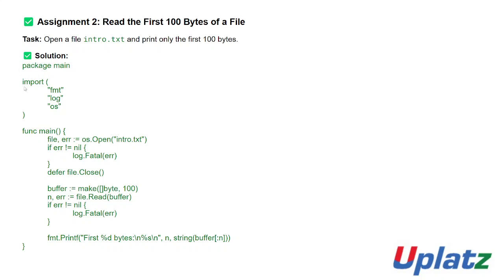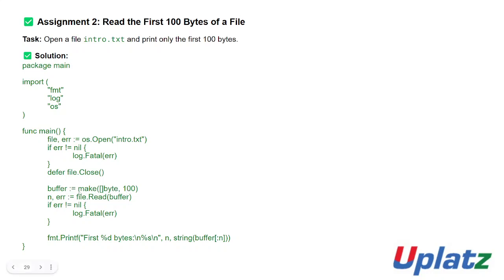Solution: package main, import fmt, log, os, func main, file, err := os.Open within brackets intro.txt. And if there is error, then log.Fatal error, defer file close, buffer := make byte slice of 100. Okay.